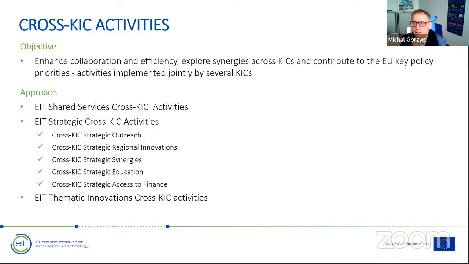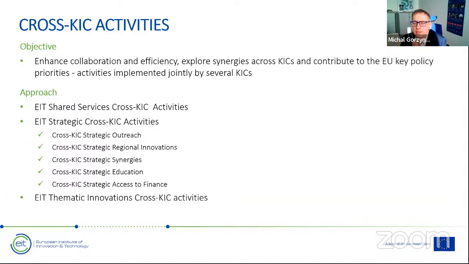On the other hand, it makes it a little bit complicated for the KICs and for the EIT to manage the scheme. So from this year, we changed the approach and we started grouping those activities under 6 strategic clusters, and still leaving the 7th cluster for joint cross-kick activities of thematic and innovation nature.